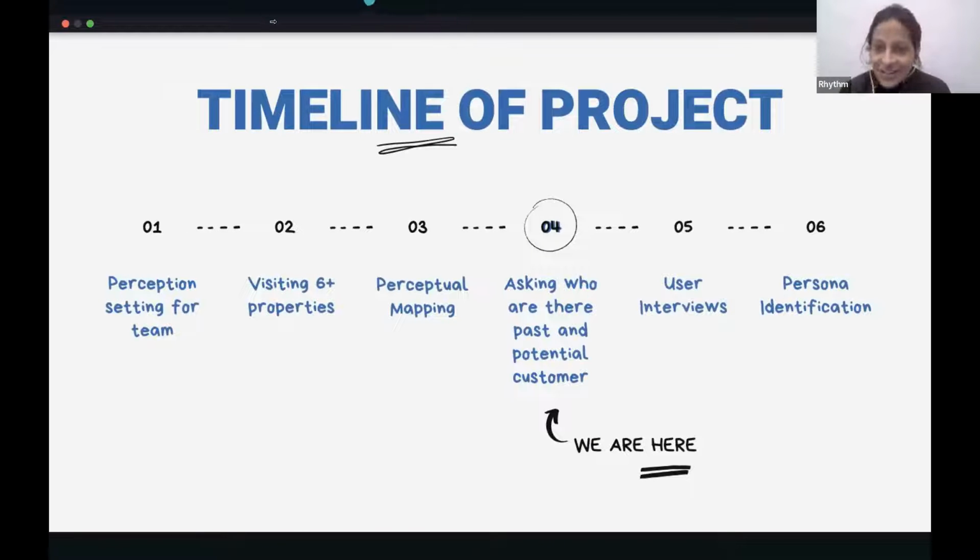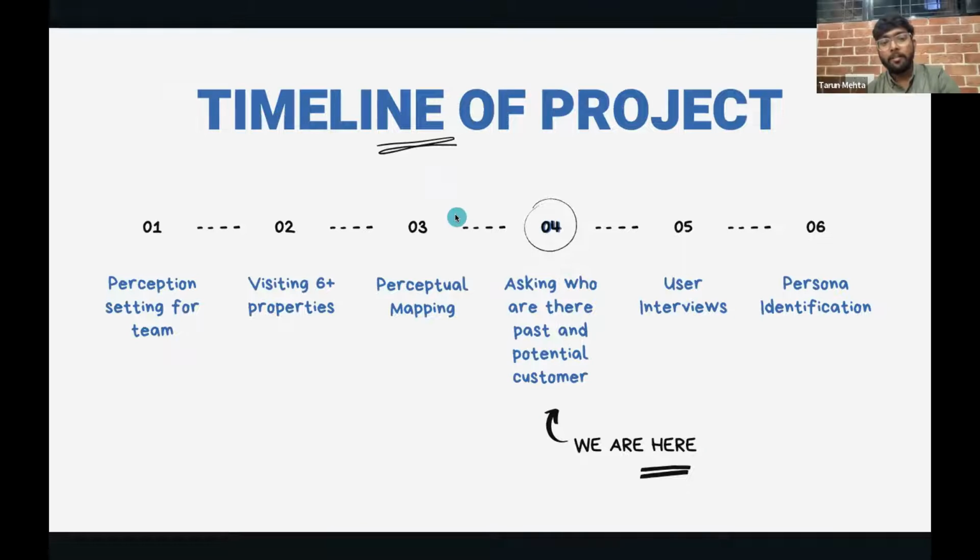For the timeline of this project, Tarun will explain some things. Yeah. As Rhythm mentioned about perception, we have done a first workshop with the sales and marketing team because they are the people who interact with the customers, correct? We took some inputs and visited some properties, to see how other properties are showing their perceptions to customers and how they are working internally and externally.